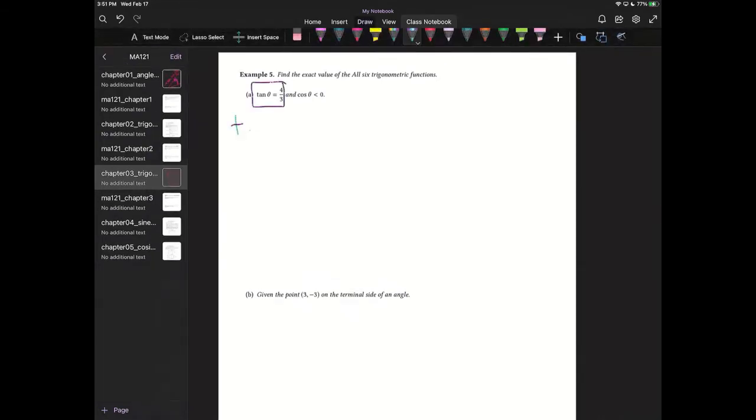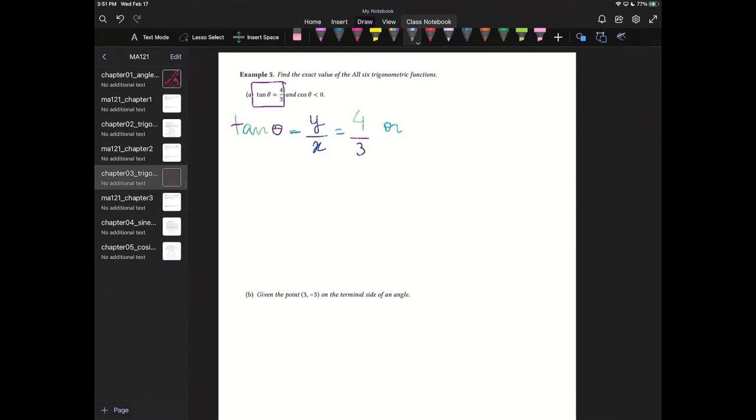Tangent, by definition, is y/x, based on the point on the terminal side. What the information above is telling me is that I could take the value of y to be 4 and the value of x to be 3, but this is not the only case where I get the result 4/3.